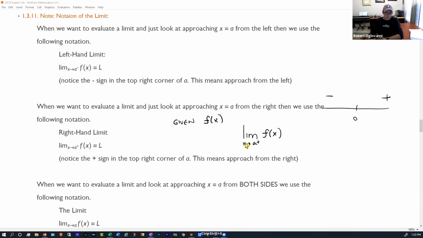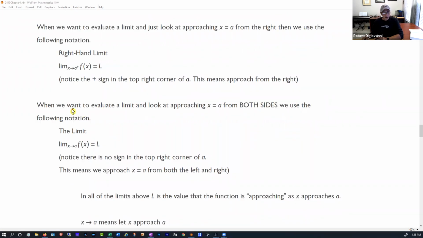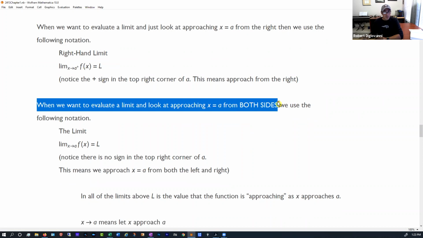Now, when we want to evaluate limits and look at approaching a from both sides, so if I want you to actually do an inspection from both directions, positive and negative, the notation for that is that I won't put a plus or a minus.